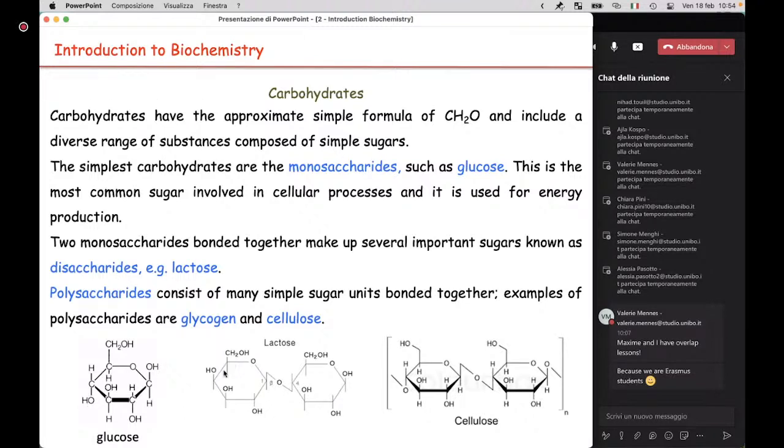Two sugars connected together are called a disaccharide. In this case, this is lactose, the sugar that is found in milk that can be a bit toxic for some people.